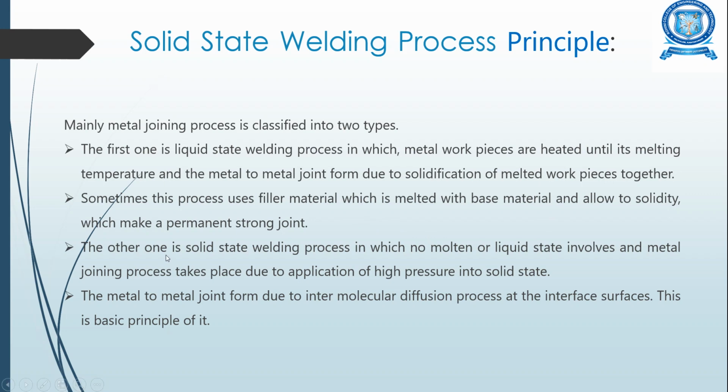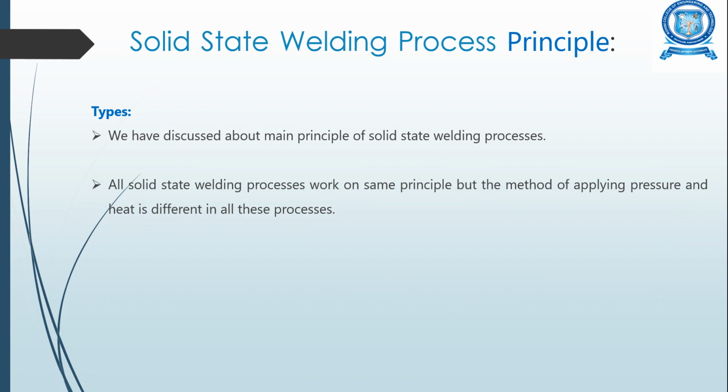The other one is the solid state welding process, in which you require no molten or liquid state, and the metal joining takes place only due to the application of high pressure in the solid state itself. Here the metals are joined due to intermolecular diffusion process at the interface surface, and this is the basic principle of the solid state welding process.